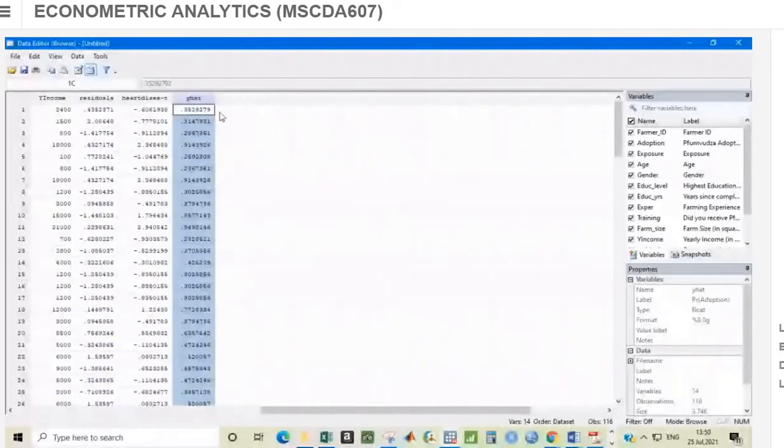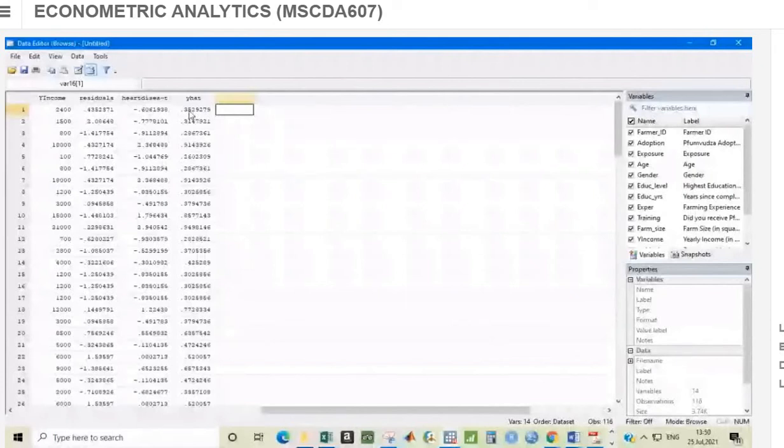It's 0.35. So this is a misclassification. Remember, if a probability is 0.5 and above, you round it off to 1 and conclude that such a farmer has adopted a Pfumvudza project.